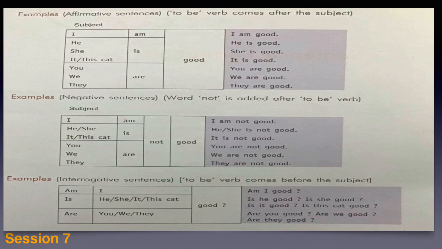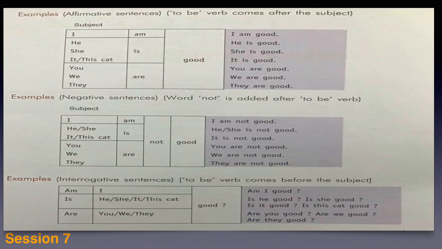The next one is the interrogative sentences. Interrogative means there is going to be a question mark, questioning someone. You know that, I know that, but still, as we need to discuss it, we are doing it. First the to be verb, then the subject comes, and after the completion a question mark is put in.